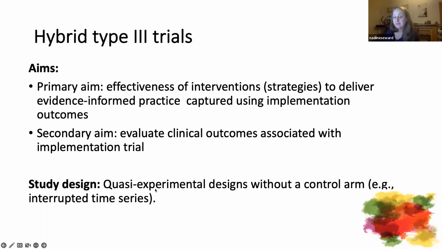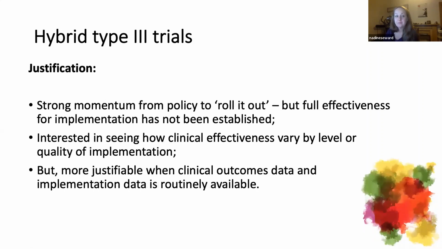So a good example of a quasi-experimental design is an interrupted time series. And here there's strong momentum to roll it out, but full effectiveness for implementation has not been established. We want to look at how clinical effectiveness can vary by the quality of the implementation. That's important, so we can adapt that moving forward.